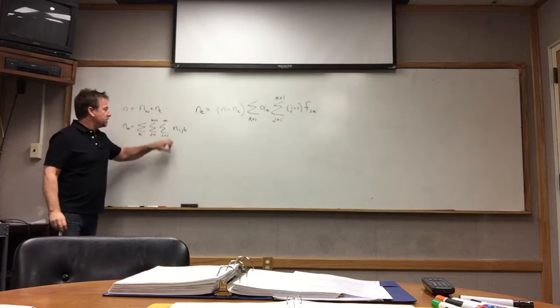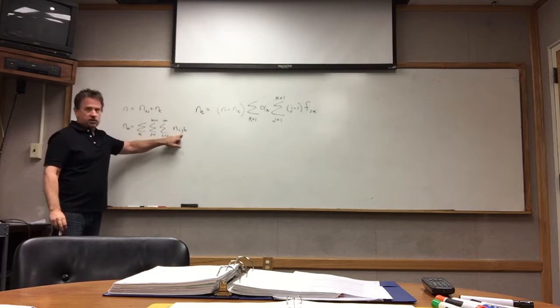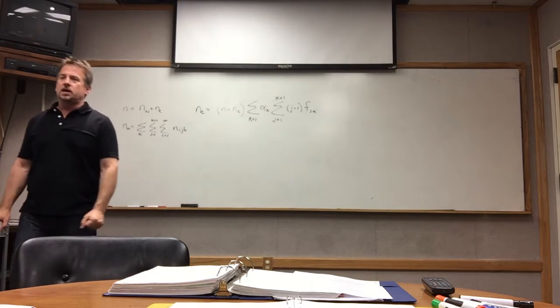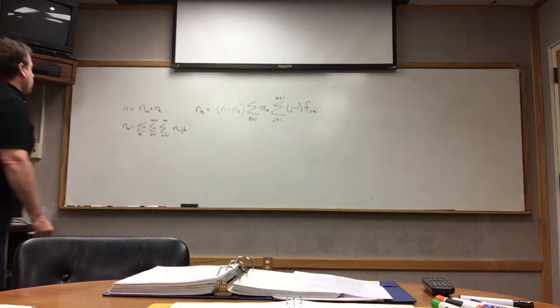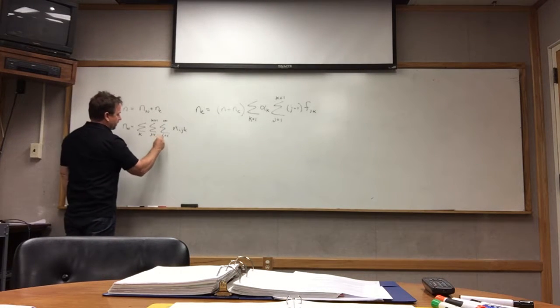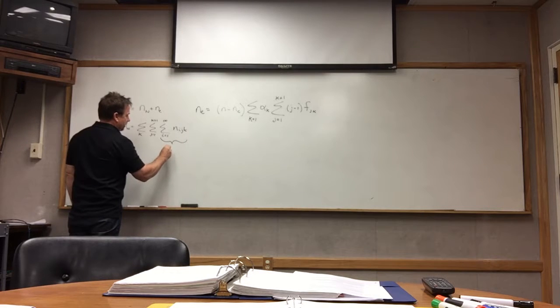Nijk, the number density of species K in ionization stage J in excitation state I. Okay, you sum all of those together, what do you get?